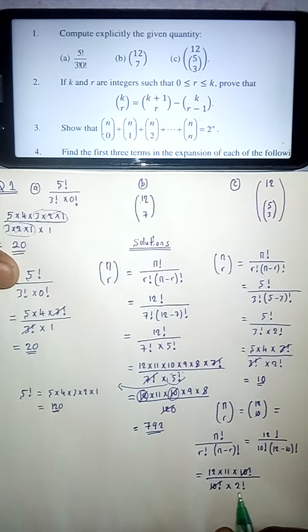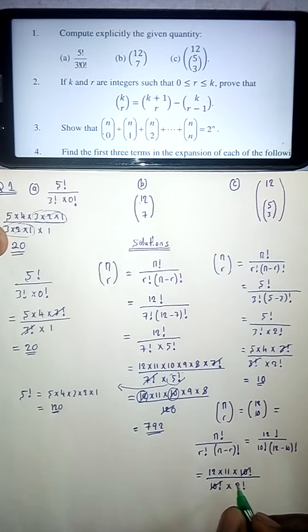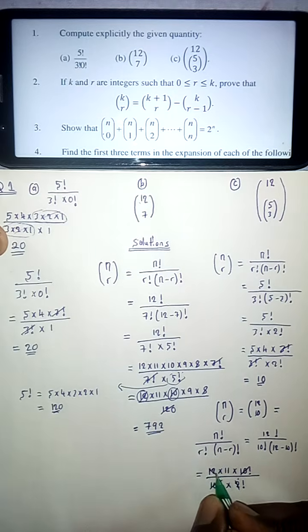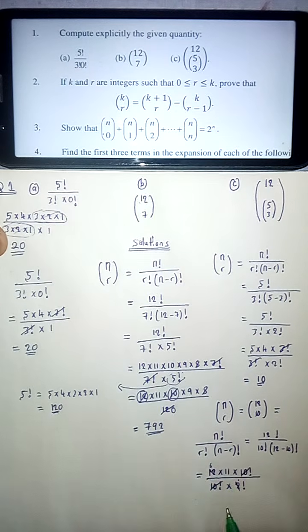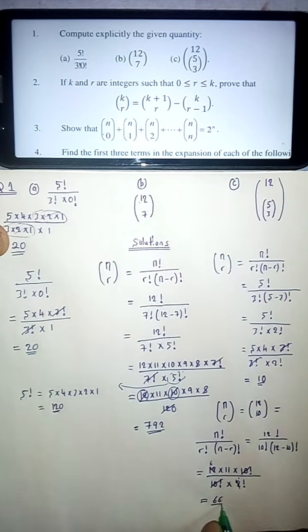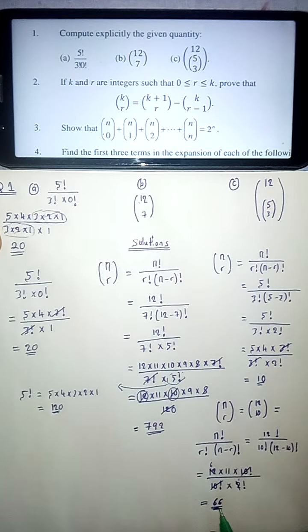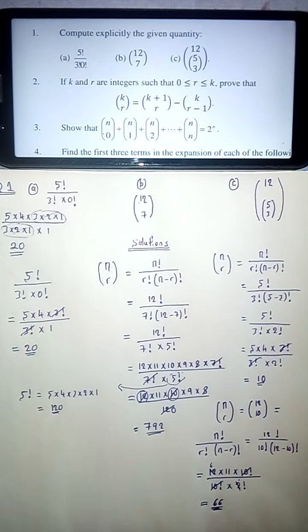This and this goes. Then 2 into 2, 1. 2 into 12, that's 6. 6 multiplied by 11, the answer is 66. So this is the solution for this part, guys. Let's move to the next question.